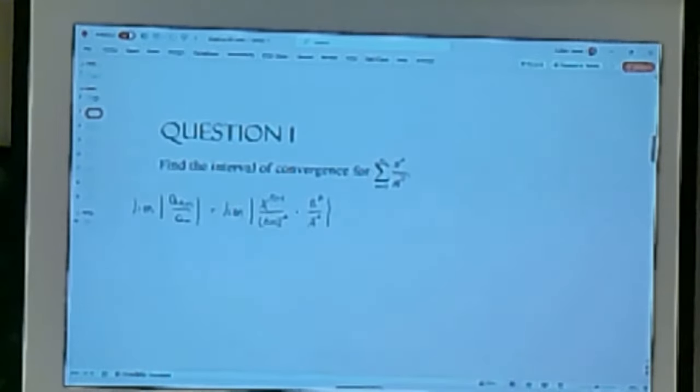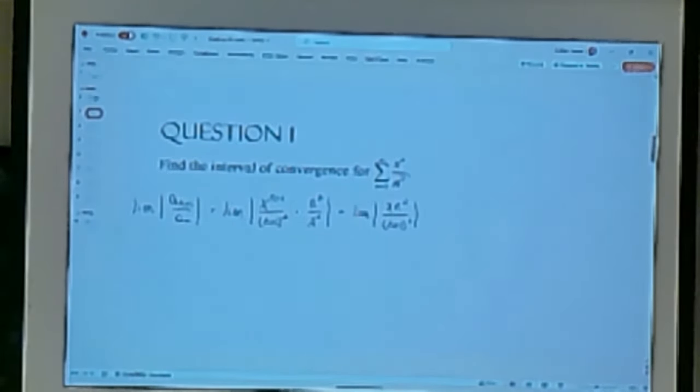Simplify this. X to the n plus 1 over x to the n. How does that simplify? It's just x. What about n squared over n plus 1 squared? Now remember, for this limit, n approaches infinity. That's implied.